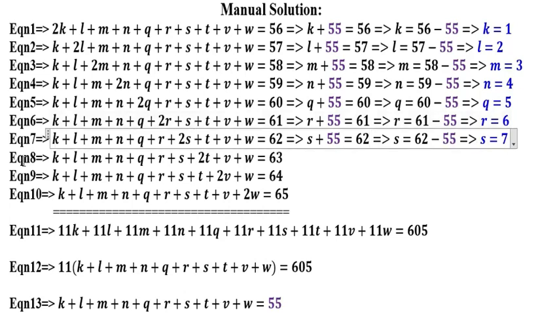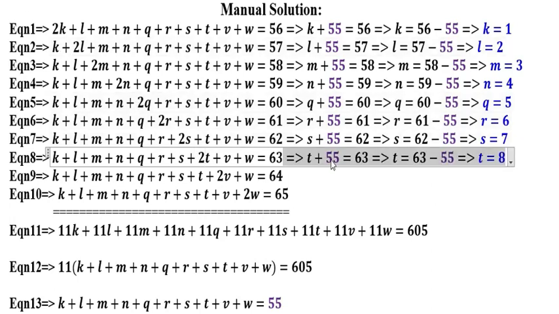Then compare equation 8 to equation 13. They are the same except equation 8 has one extra t. That means equation 8 is t plus 55 and it is equal to 63. That means t equals 63 minus 55, which is t equals 8.